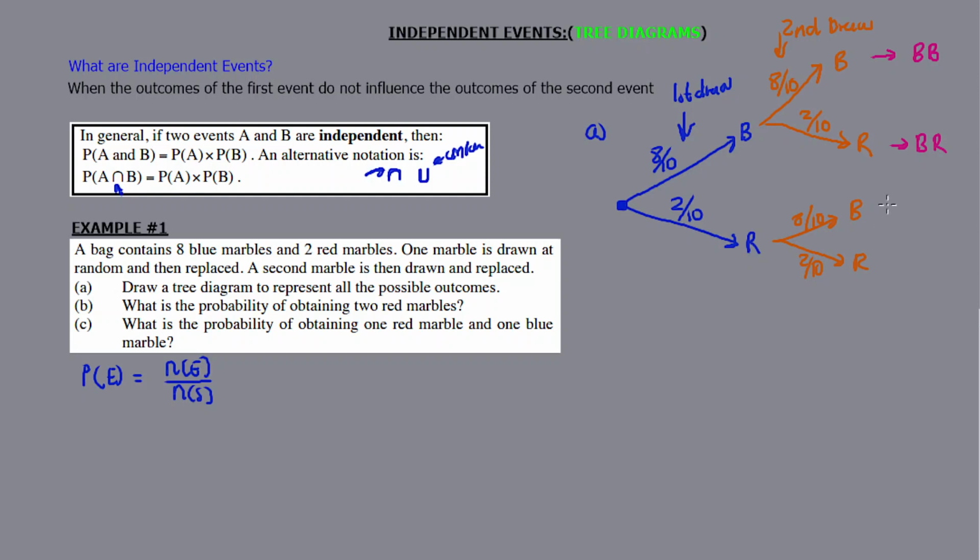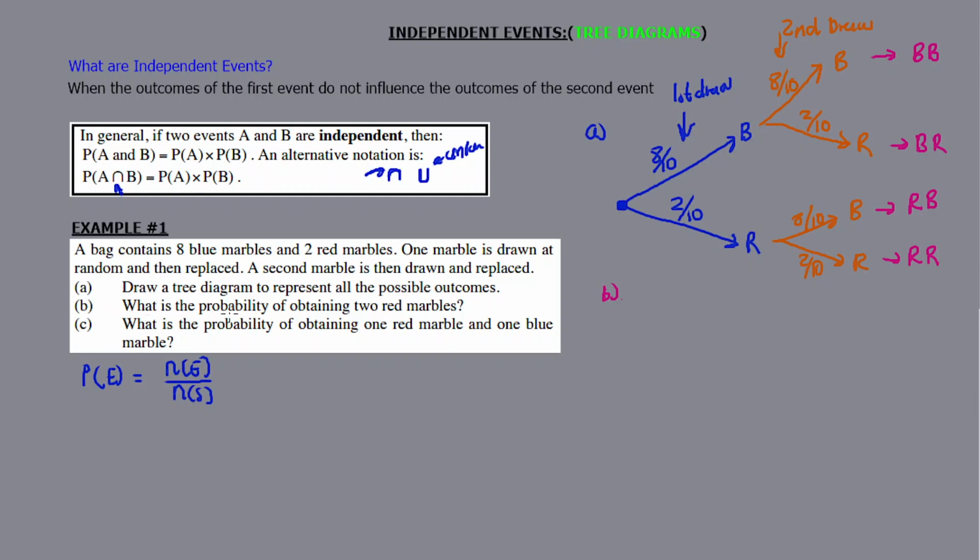For this leg, red, blue. For this final leg, red, red. Here we go. This is your tree diagram.